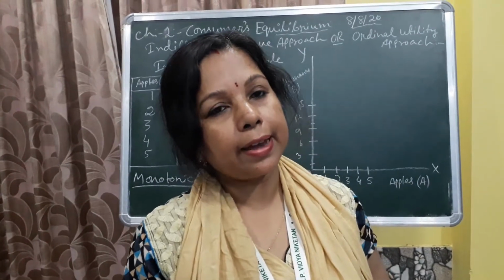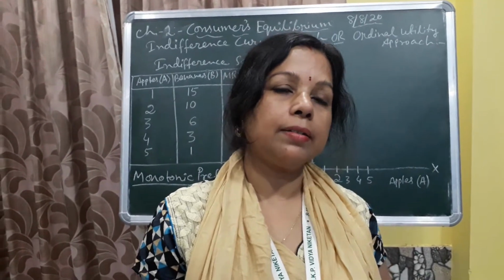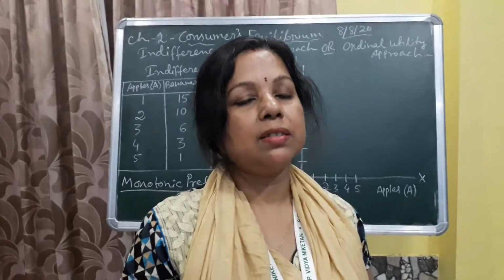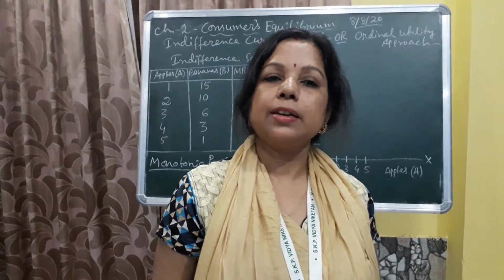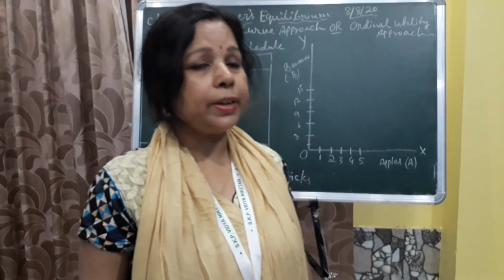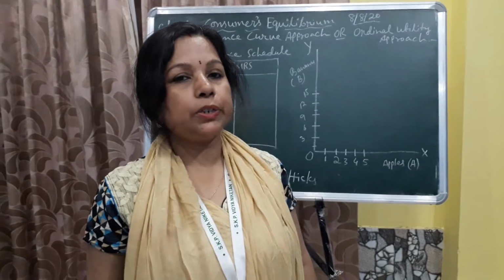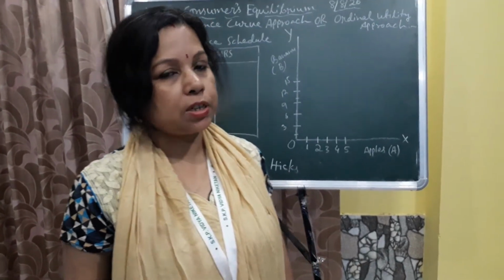Either he can rank apples or bananas in such a way, or otherwise he is indifferent between apples and bananas. This means that both commodities give him the same level of satisfaction. In such a way the consumer can rank his preferences. So these approaches are known as the ordinal utility approach. In the ordinal utility approach, ranking is the most important thing.